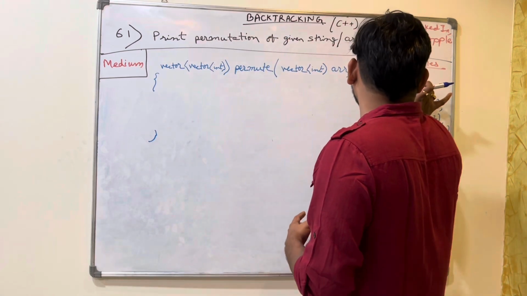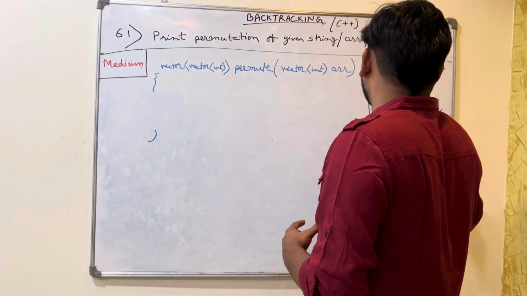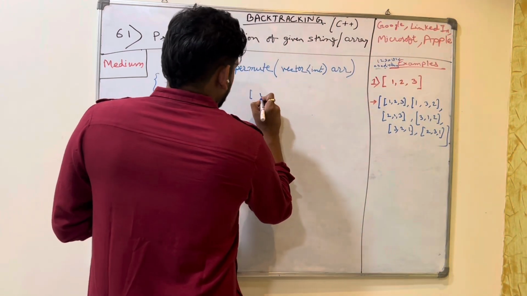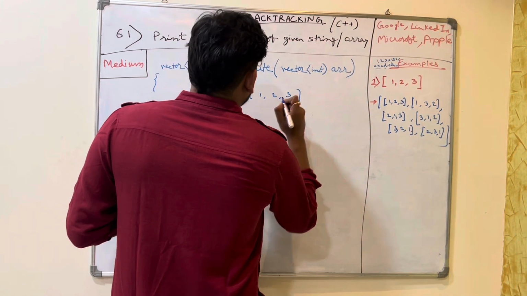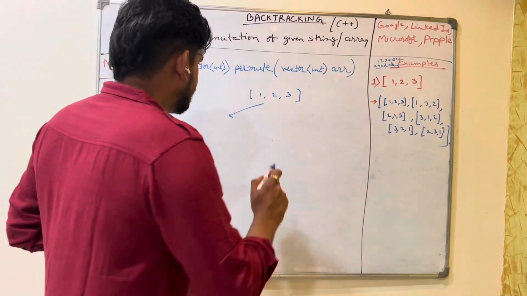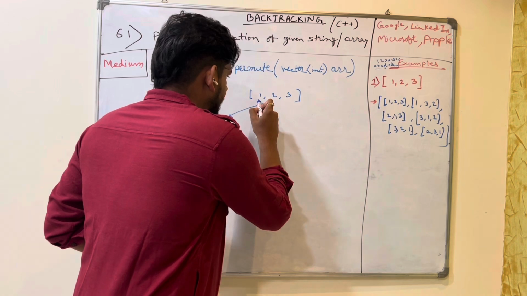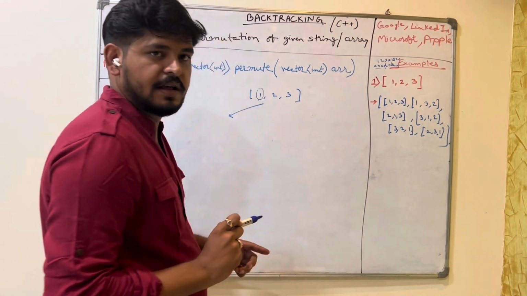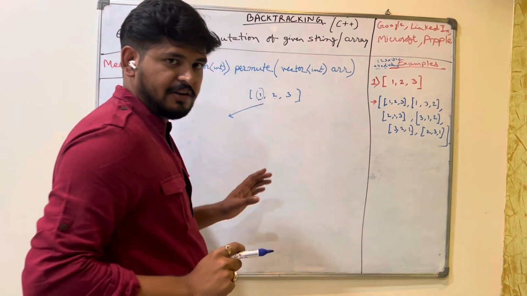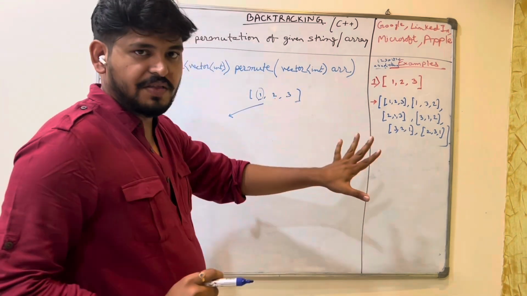So if we are given an array of, say, 1, 2, 3 here, so 1, 2, 3 is the array that is given. If we think like this, that we are traversing from here, starting with this element, and then we need to interchange the values, swap the values with the others.